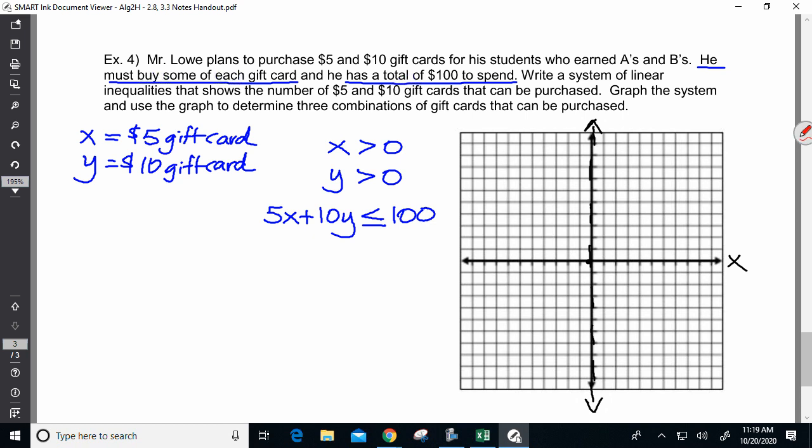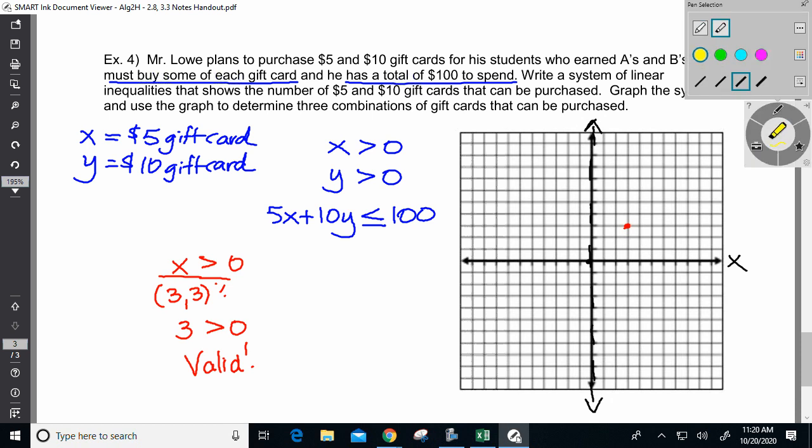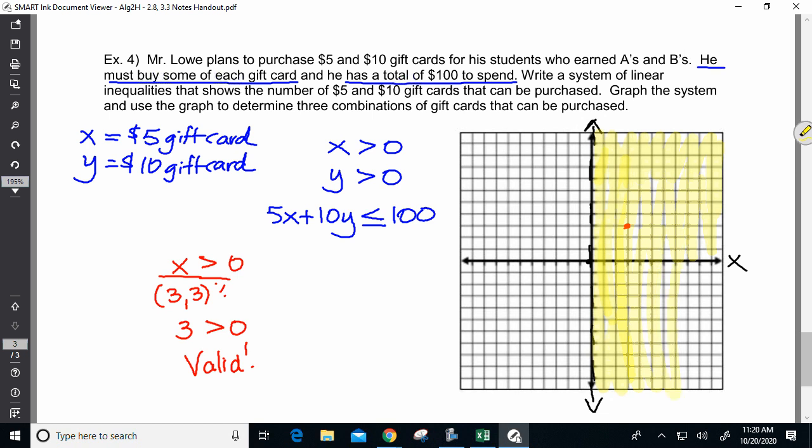So I'm going to test 3, 3. 3 greater than 0, that's valid. So everything on this side is shaded. So that's the first inequality.